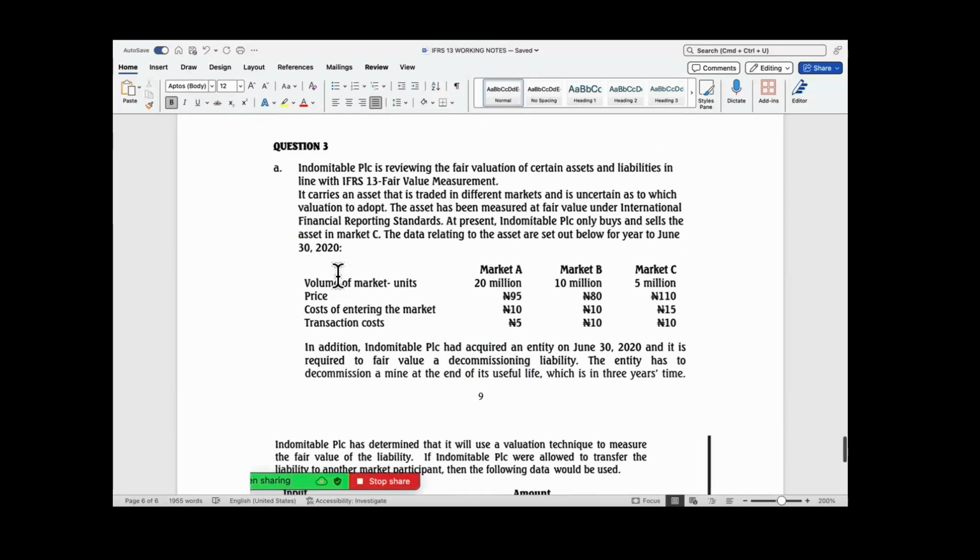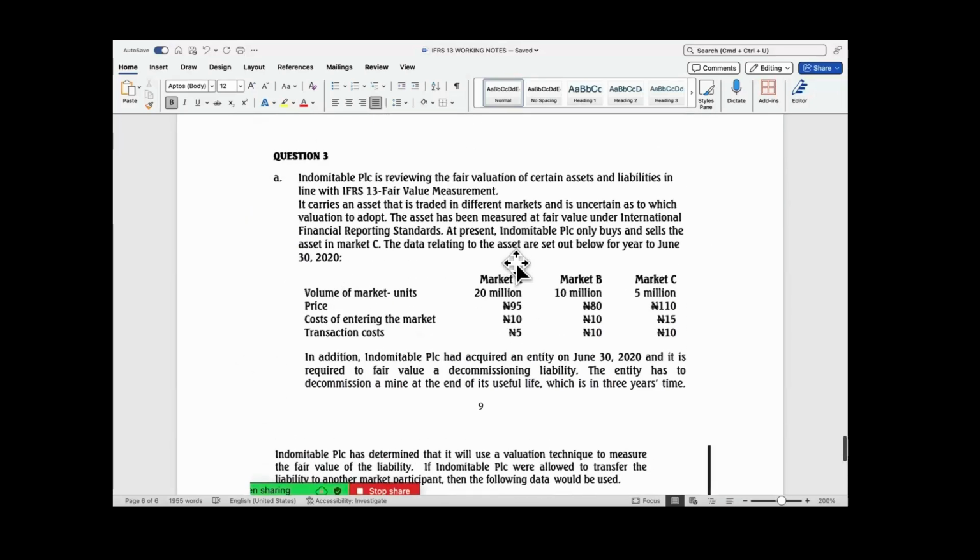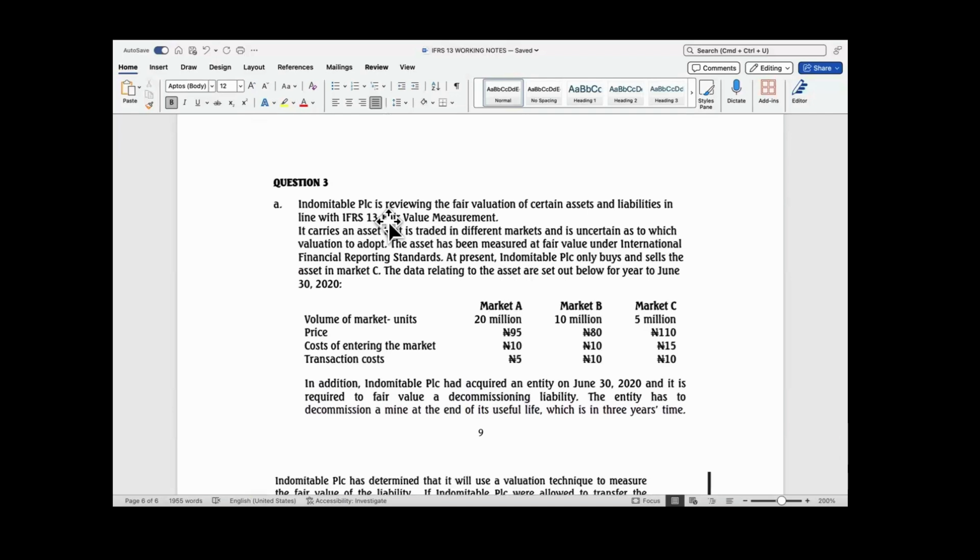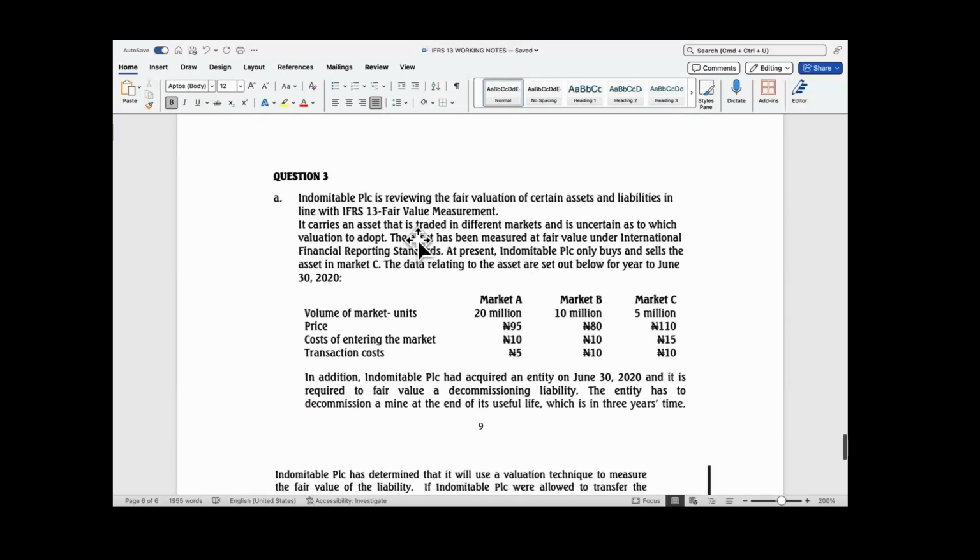So I guess the information around the assets is up here. This company, Indomitable, wants to fair value certain assets and liabilities. In the second paragraph, it says that it carries an asset that is traded in different markets and is uncertain as to which valuation to adopt. It says that the asset has been measured at fair value already under IFRS.